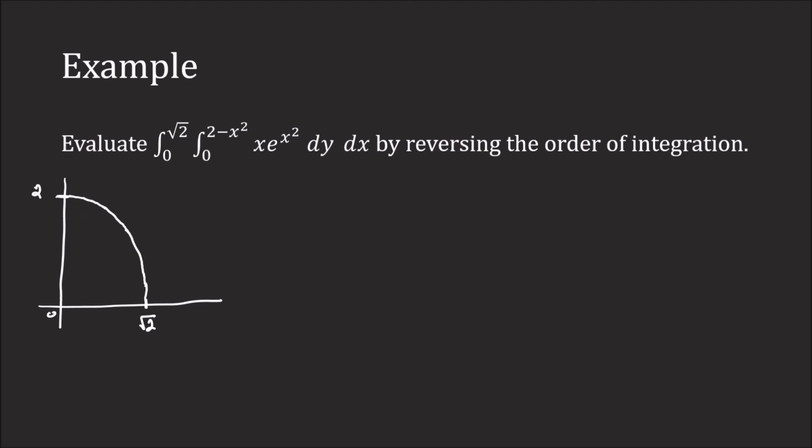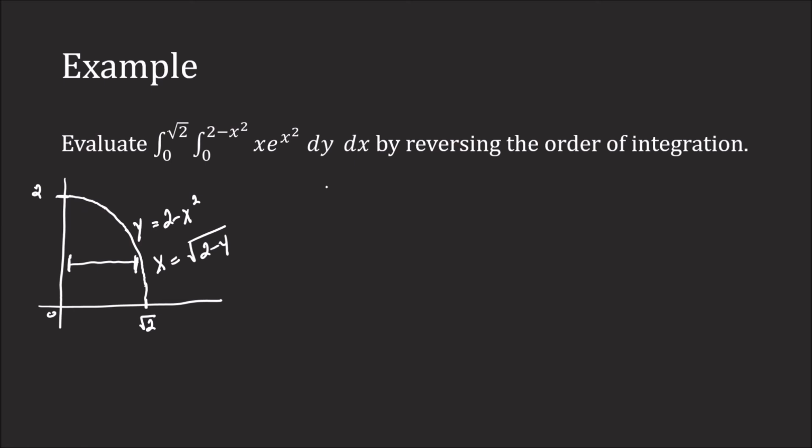Now, we want to go from dy dx to dx dy. So we now want a horizontally simple region. Let me actually write this out as y equals 2 minus x squared. Well, if y is 2 minus x squared, then x would be the square root of 2 minus y. Right? We only need the positive because we're only concerned with positive y values.